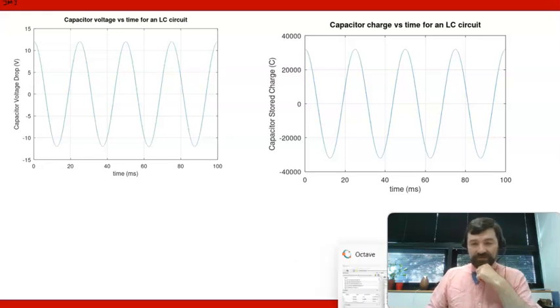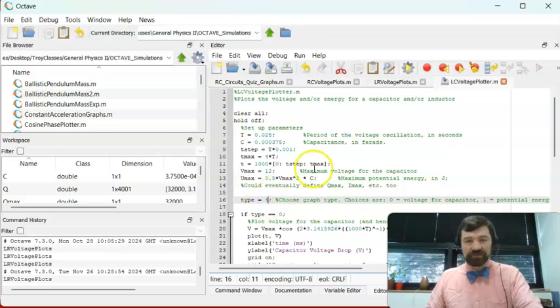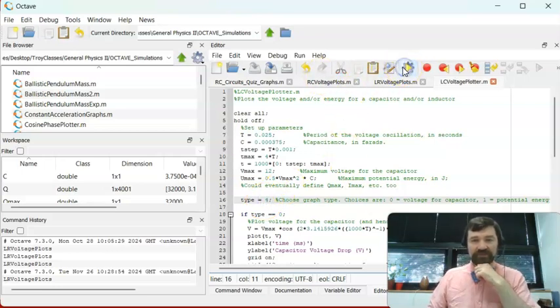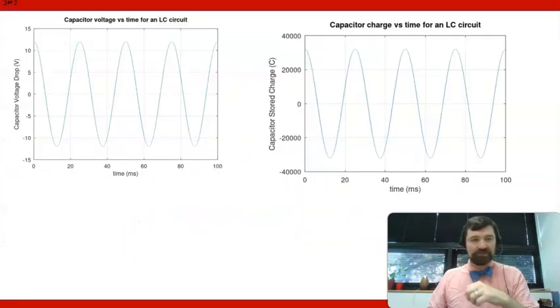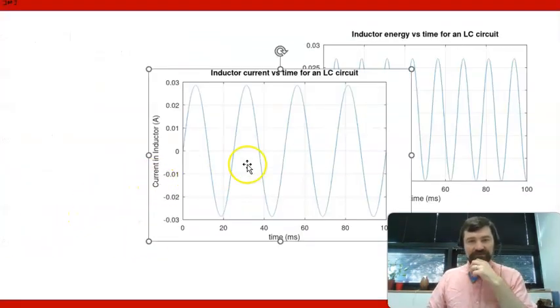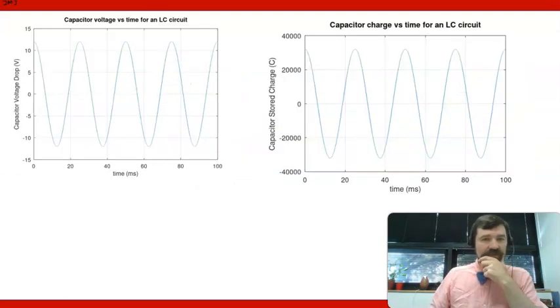And then last but not least, let's do type 4, which was the current in the inductor, just to get a graph of that. So here's the current in the inductor, and I wanted to put that one side by side with this one, and let's actually do it side by side with the charge stored as well, just for the variety.